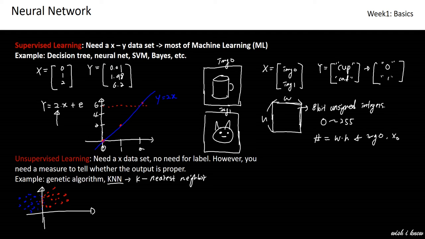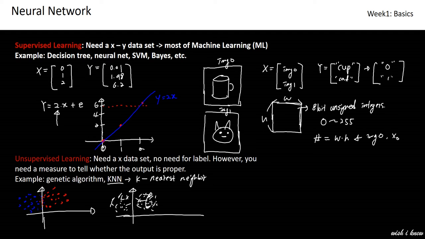Say your data is coming in as something like this. There's no label. However, we can still cluster this data into left and right or something like that.